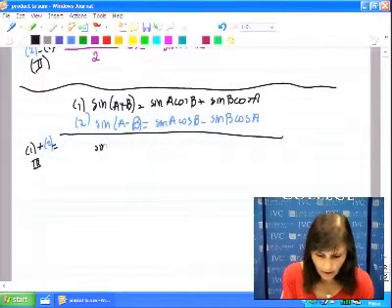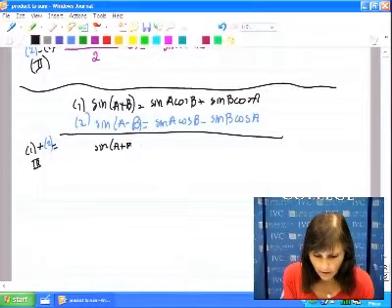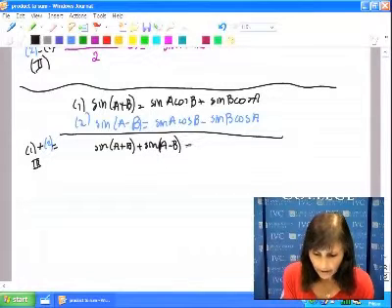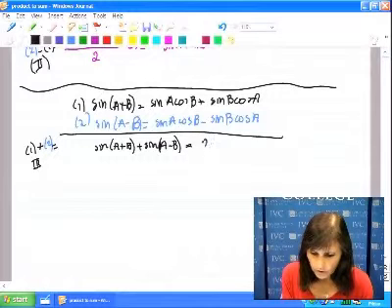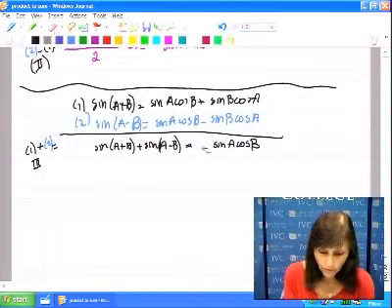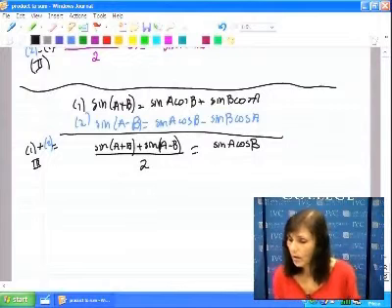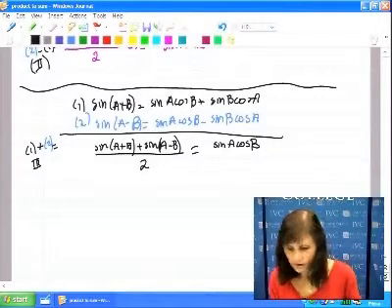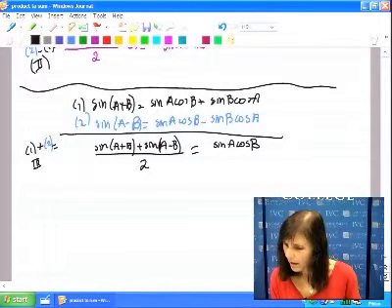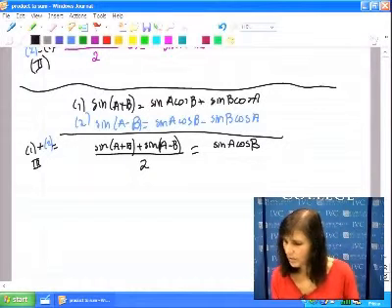You're going to have sine A plus B plus sine A minus B, and that's going to equal 2 sine A cosine B. And you move that 2 over. Here we go. This is the sine A cosine B formula. So you have A plus B, A minus B with the plus.